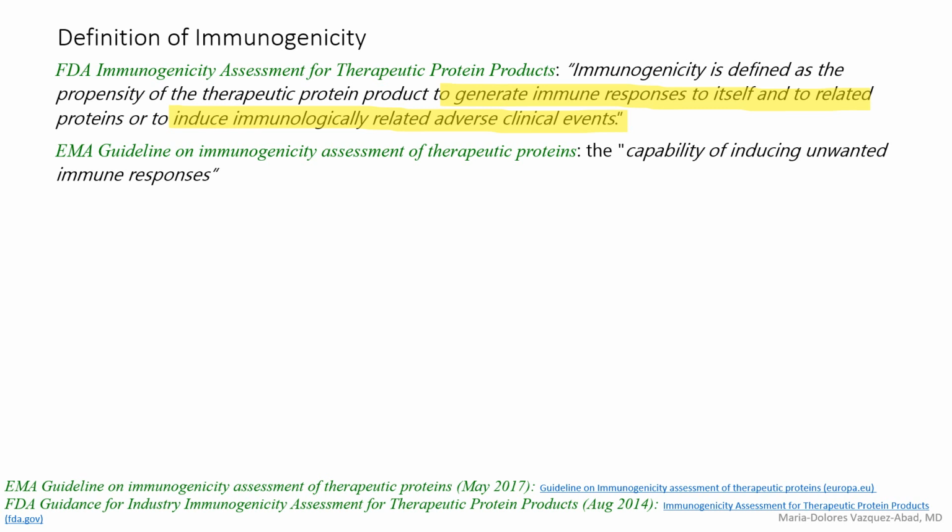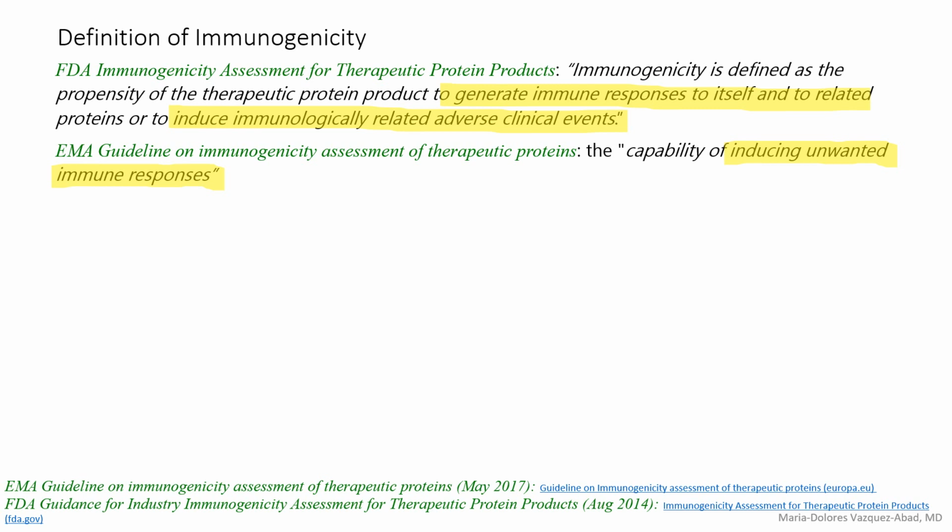They could be directed to tissue. They could be different kinds of immune-related adverse events that we need to identify as having been triggered by the drug. The EMA guideline adds the important word of saying the drug is capable of inducing unwanted immune responses.